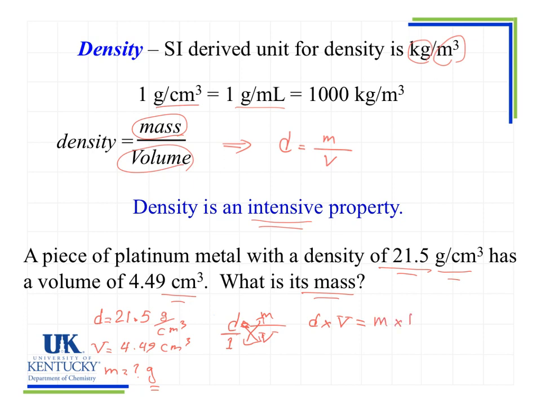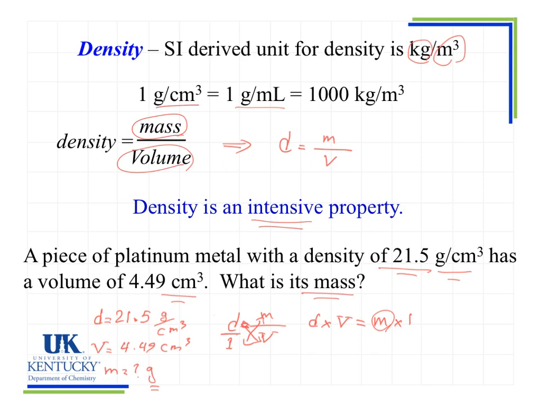There was no need to write 1, but I just wrote it because in some other formulas, if you have something as the denominator, you can multiply it by the denominator on the other side of the equality. So you can multiply cross, and D times V is always equal to M times 1. Since M times 1 is M, M equals D times V. In this case, it might be easier to do with the previous method, but in the next example, that might help a little bit. So let's continue.